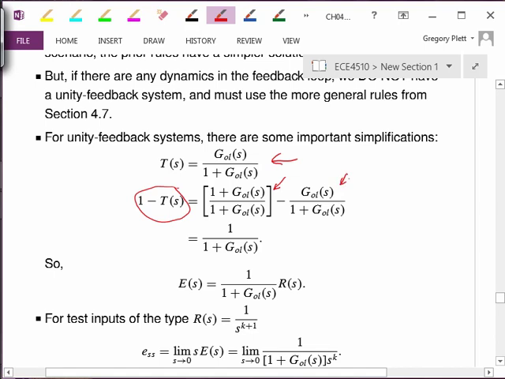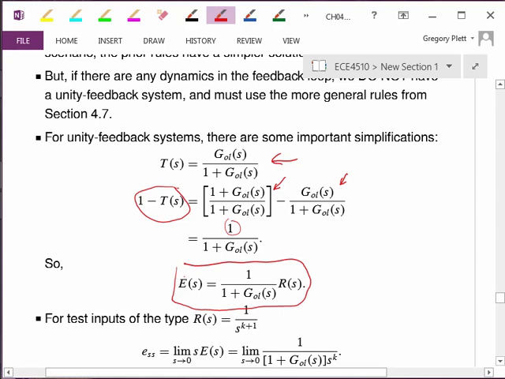And we notice that in the numerator, I've got 1 plus G minus G, so the G's go away and I'm left with 1. The denominator is 1 plus G open loop of s. So we conclude that the error is equal to 1 over 1 plus G open loop times R.